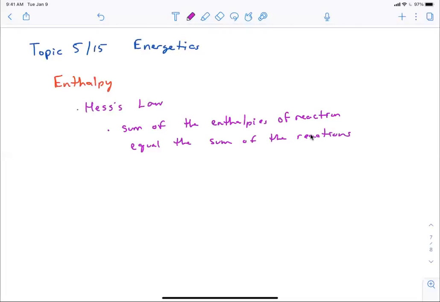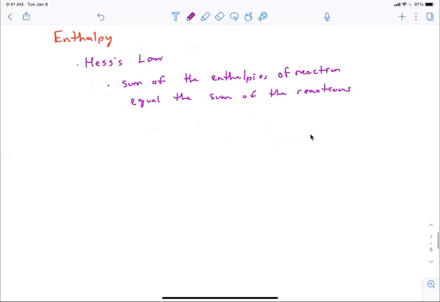Essentially, if I add reactions together, I can add their delta H's together, and therefore the delta H sum will equal the sum of those reactions. And that's where you are having to reverse reactions or double reactions or halve reactions.